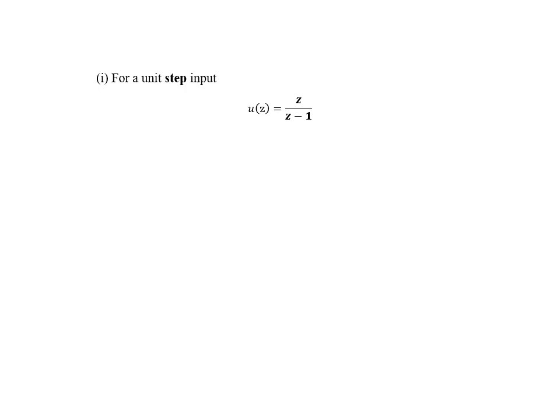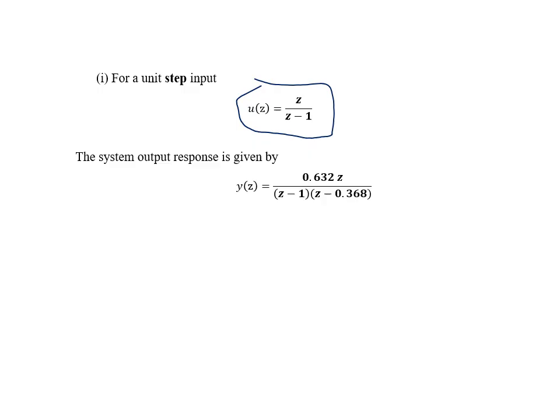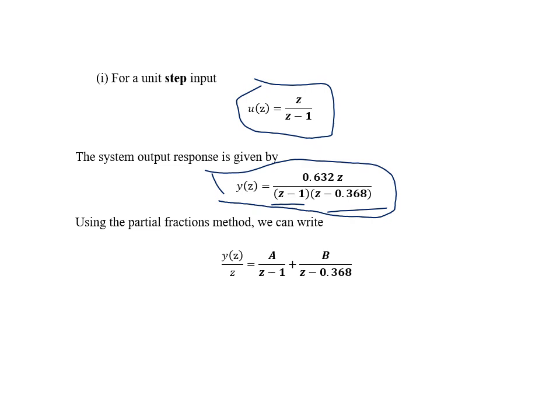For the input unit step, we have U of z equals z divided by z minus 1. Then Y of z will multiply the transfer function by the U, which is equal to 0.632 times z divided by z minus 1 times z minus 0.368.